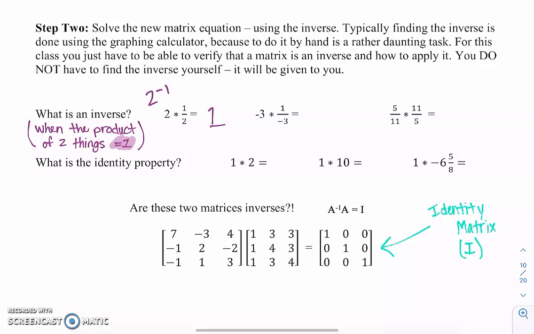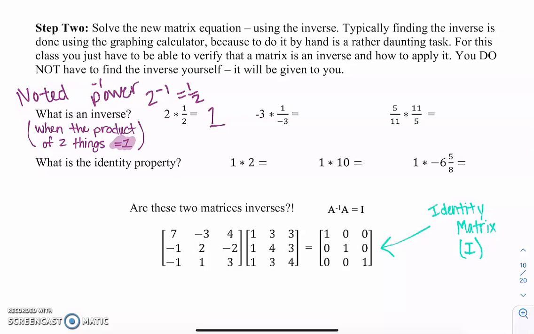If you typed 2 to the negative first in your calculator, you would get 1/2. So the inverse, when you multiply with the original, equals the value 1, but it's also noted with a -1 power.